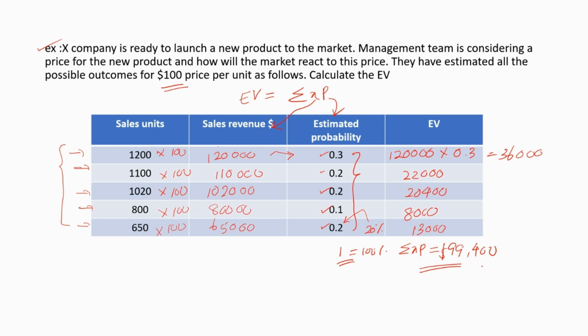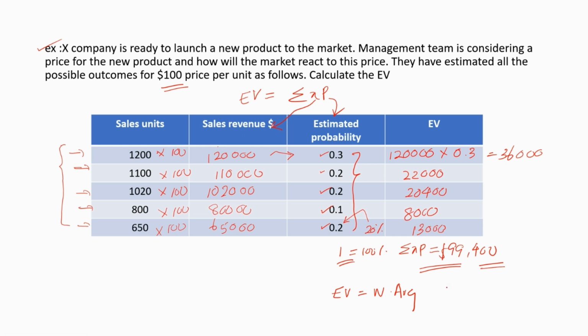Remember, this is a weighted average value. Expected value is a weighted average value. This is not a realistic value. So this is the basics of the expected values technique.